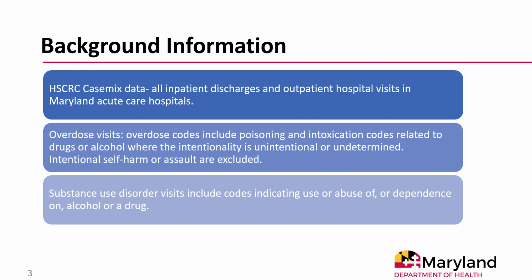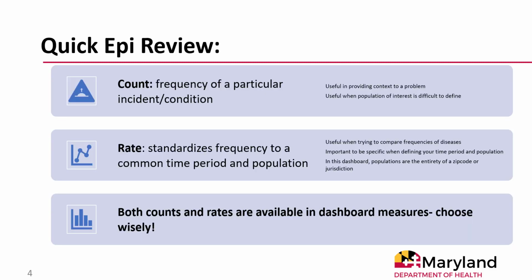Let's do a quick EPI review. As a reminder, counts are the frequency of a particular incident or condition. This is useful in providing context to a problem, and it's useful with populations of interest when it's difficult to define them.